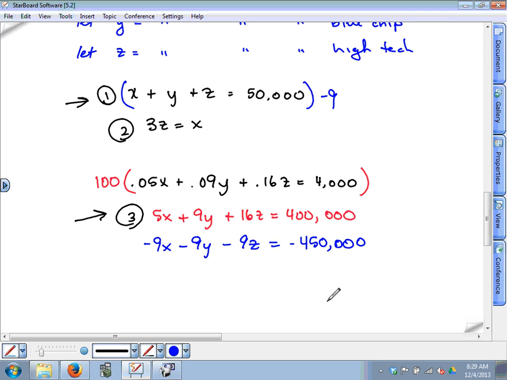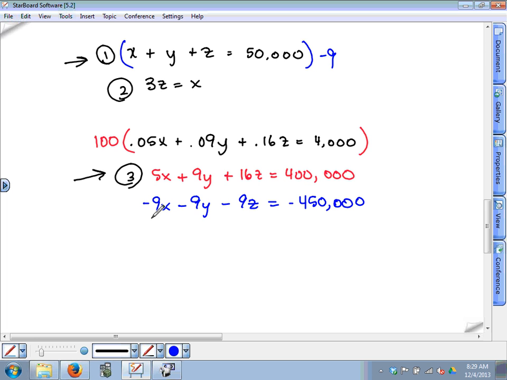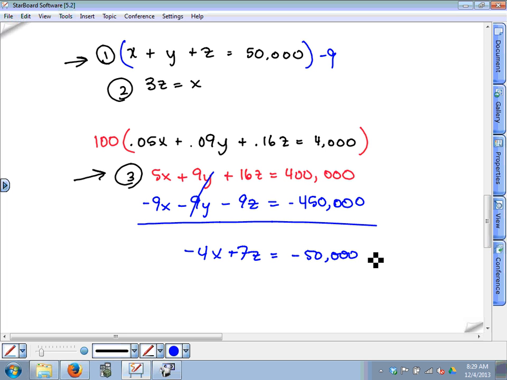Yeah, if we eliminate y, we have negative 4x plus 7z equals negative 50,000.